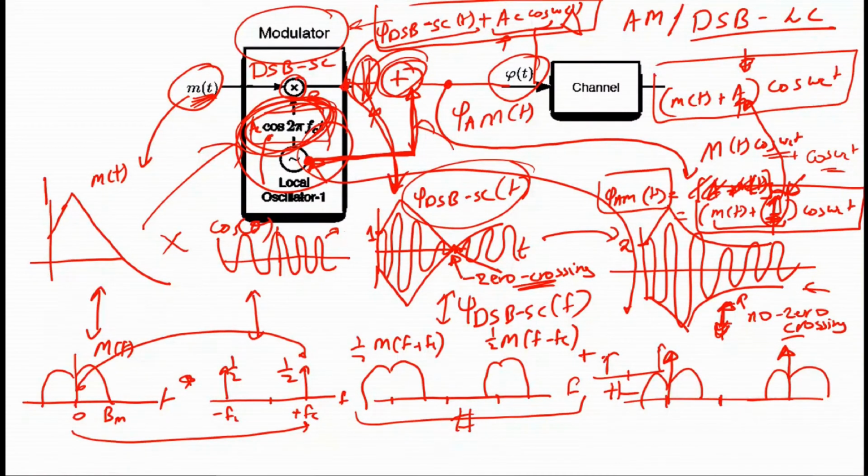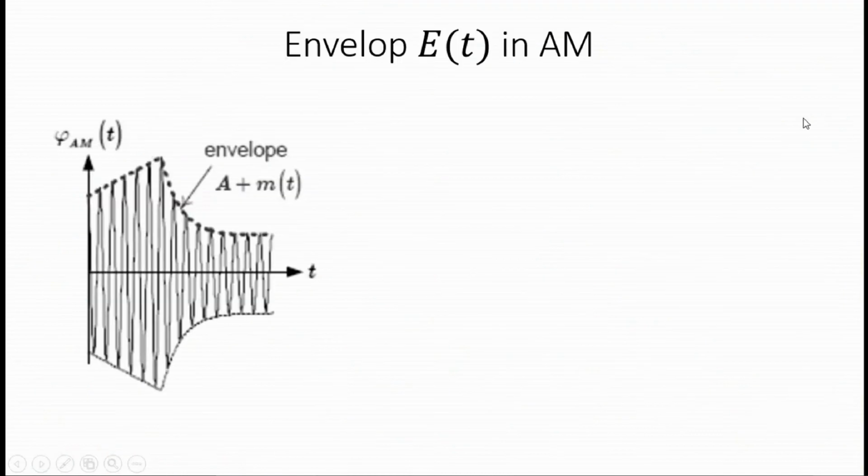The dsb-sc didn't have any carrier, but phi am of f has the upper sideband, lower sideband plus carrier. So this carrier is basically added, and this is simply being added from this carrier cos 2 pi fc t.